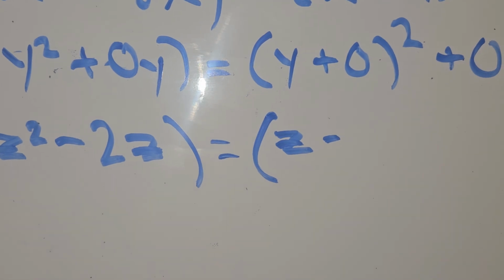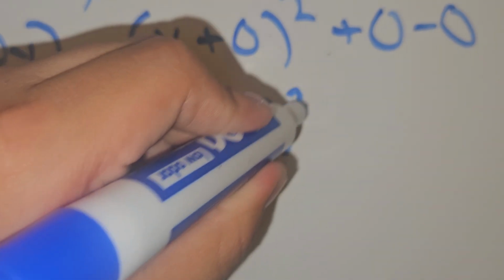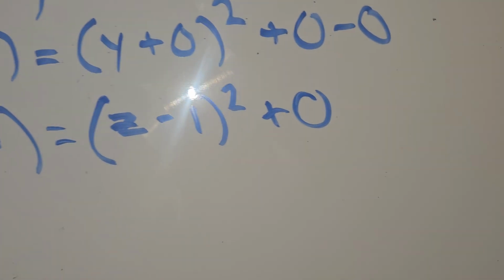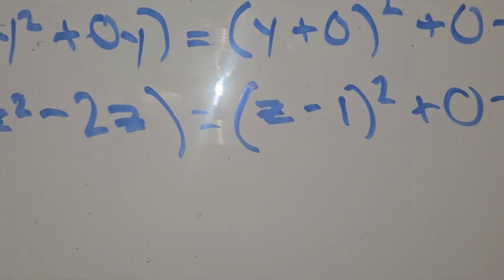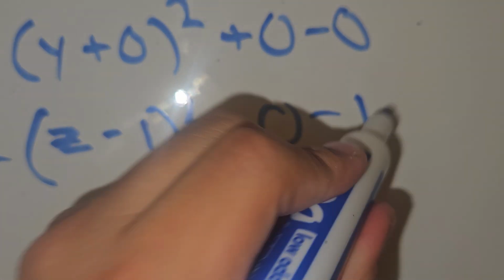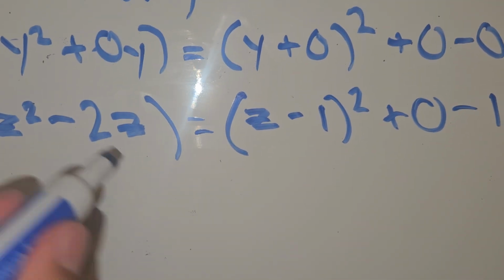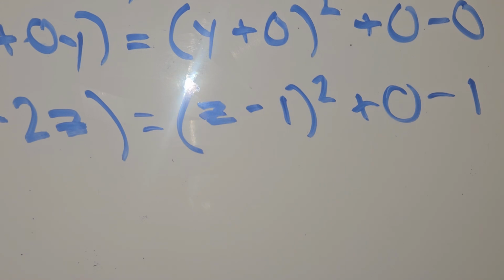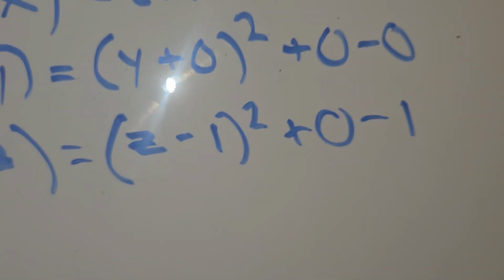Negative 2 divided by 2, that's 1. There is no c value, so 0, minus 1, right? Because negative 2 divided by 2 is negative 1. You square that, that's positive 1, but we're subtracting, so it's a 1.